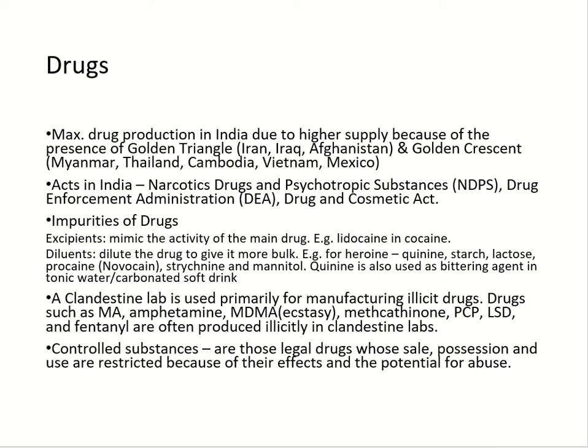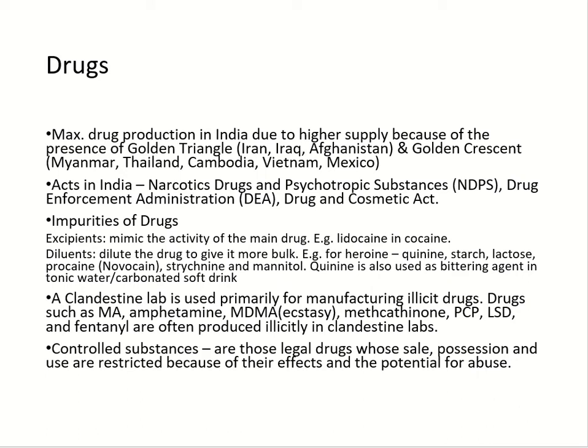It decreases the concentration but increases the amount or bulk. For example, in heroin, quinine, starch, lactose, procaine, strychnine, and mannitol are added as diluents. Quinine is also used as a bittering agent in tonic water or carbonated soft drinks.